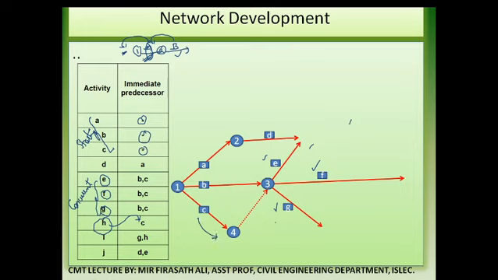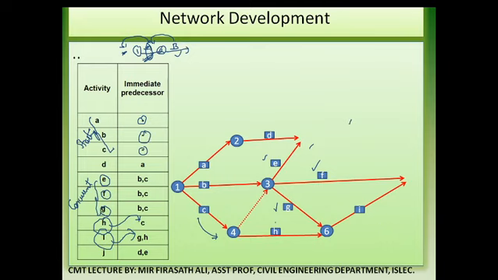So from C we will get the activity H. And activity I is dependent upon G and H. So G and H will meet at activity I. See, G and H meet and we get activity I.